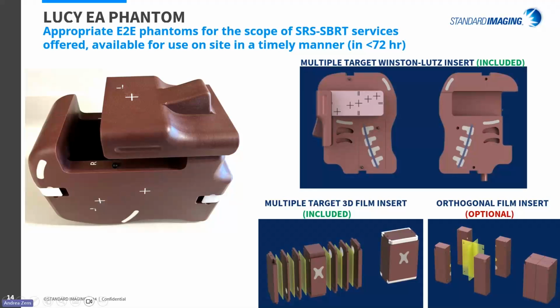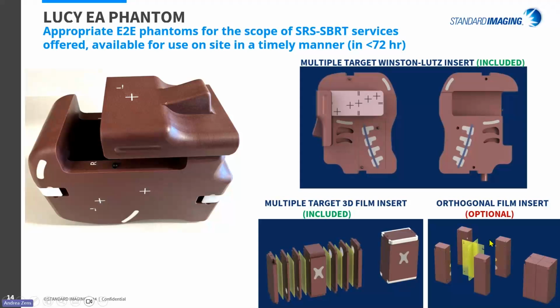The Lucy EA Phantom is toolless and modular with a large brain cavity, as you can see here. Standard inclusion with the Phantom is the multiple target Winston-Lutz insert, as well as the multiple target 3D film insert. Again, it has 4 embedded targets in here plus the avoidance structure.